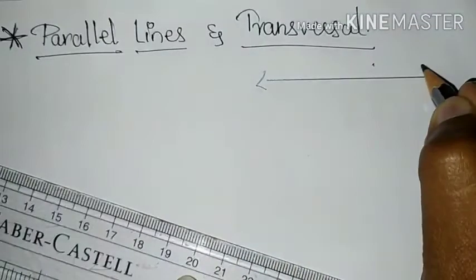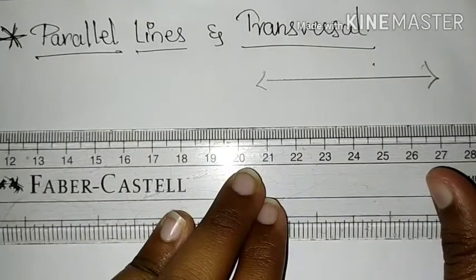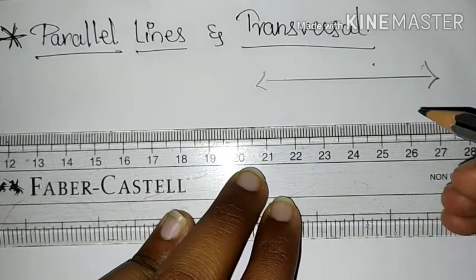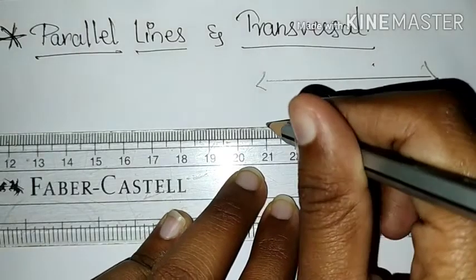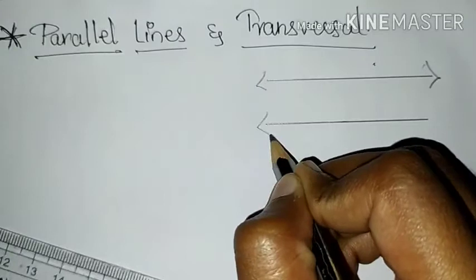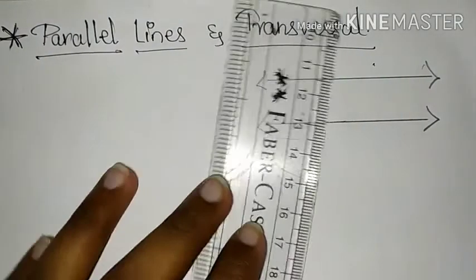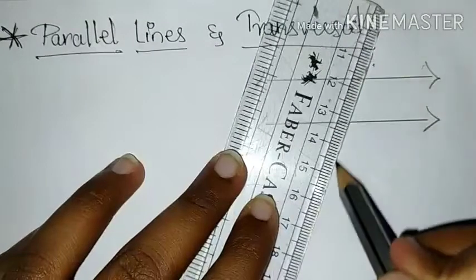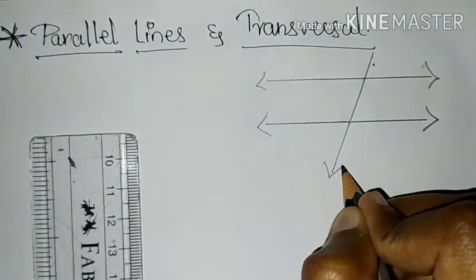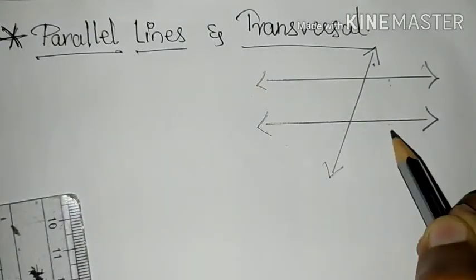Those lines have a fixed perpendicular distance between them. Such kind of lines are known as parallel lines, and when a third line intersects this pair of lines, that line is known as a transversal. So if you look at the figure here, you can see three lines, among which two of them are parallel.